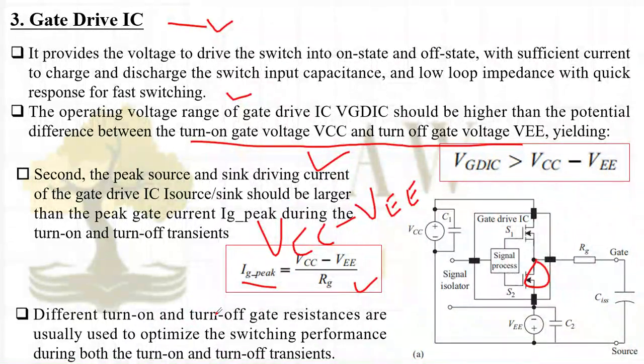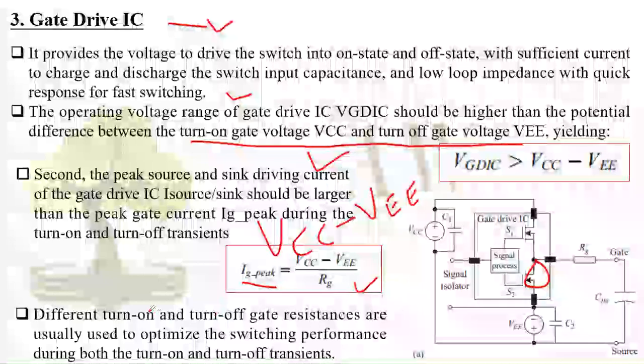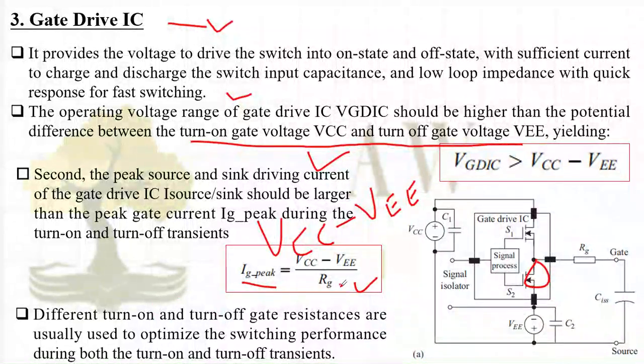We will design the gate drive in such a way that it offers different resistance while turning on and while turning off. What is the reason for that? I will tell you in upcoming slides. But generally we prefer to have different resistance because we don't want the losses to be very high.